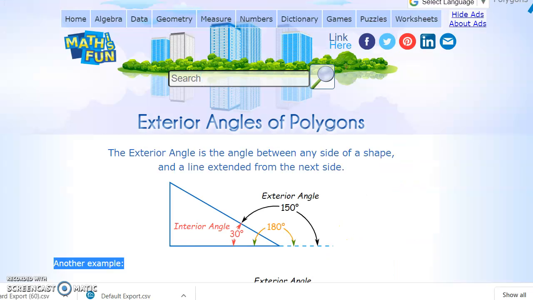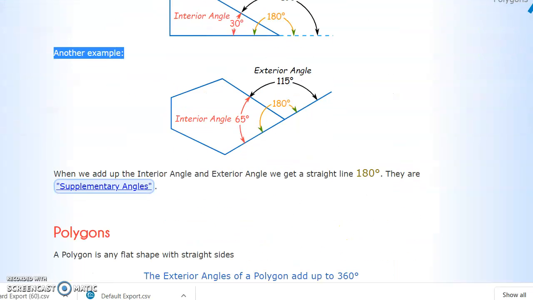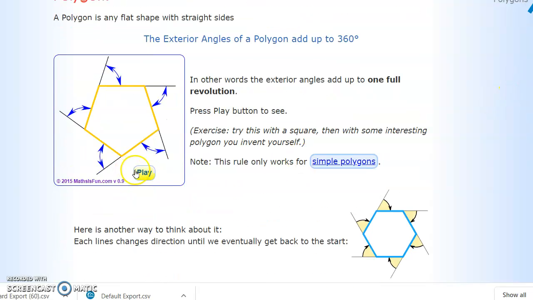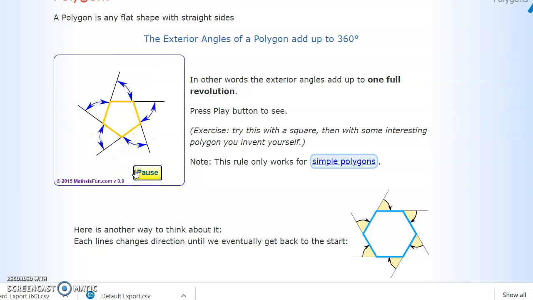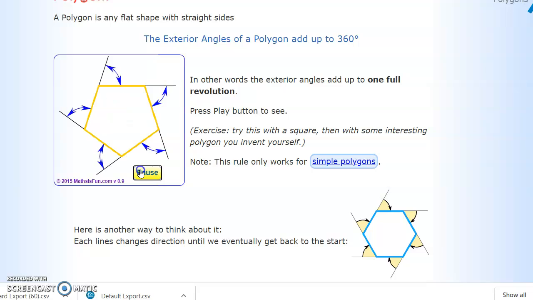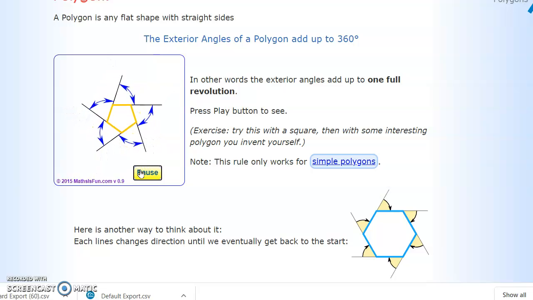So if you look at this here, for example, if this interior right here was 65, its exterior is 115. Well, every exterior angle will go down to 1 revolution. So it will not matter what shape it is.